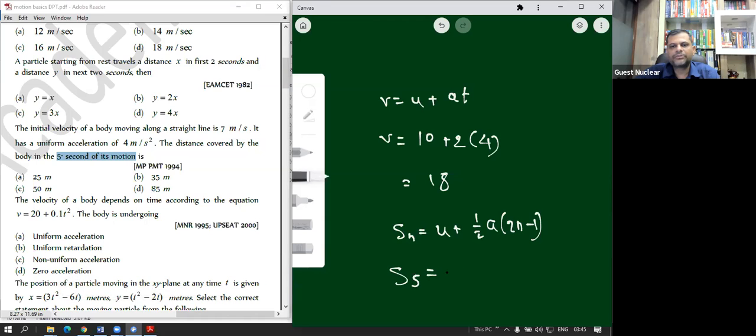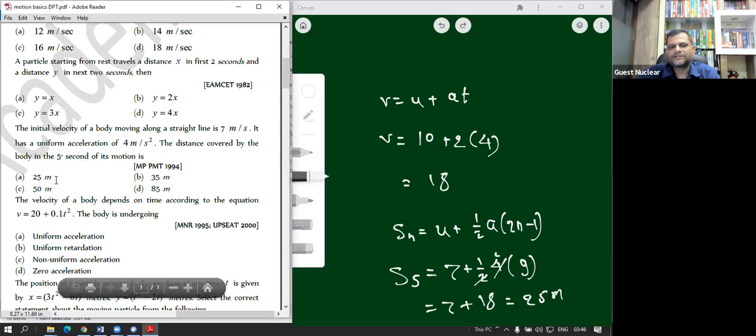And u is given to be 7 and half of a is given to be 4 and 2 times 5 minus 1, matlab 10 minus 1, matlab 9. So if we just simplify this further, then we get 7 plus 2 4s are 8... 4 times 9 is 36 — so we get 7 plus 4 into 9, which is 25 meter only. So this is going to be the final answer.